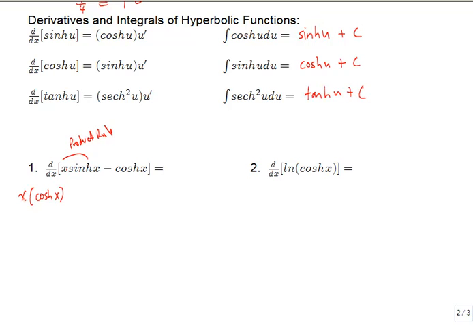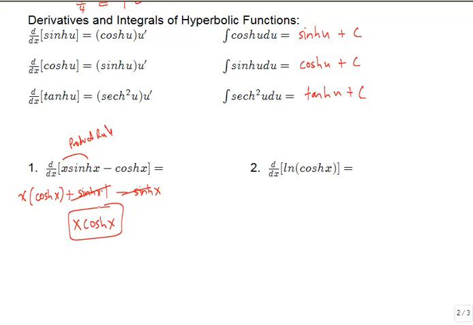So that's first times derivative of the second plus the second times derivative of the first. Derivative of x is just 1. Minus derivative of cosh is sinh. So this is just going to be sinh x. We don't need an extra negative in there. That minus just comes from the subtraction. And this is a plus sinh and a minus sinh, so these actually end up canceling out. So this is x cosh x.